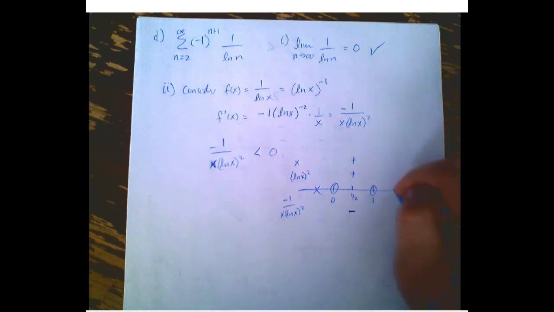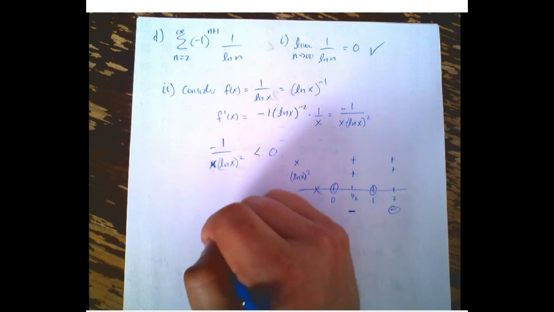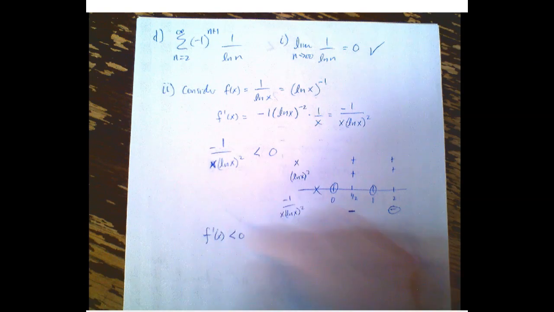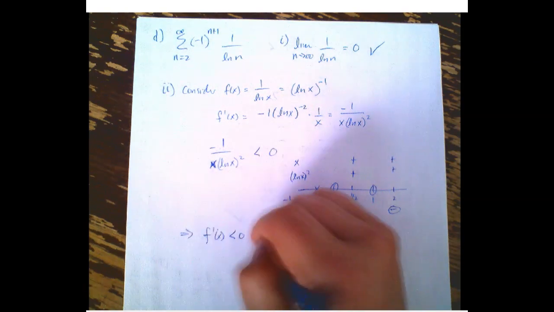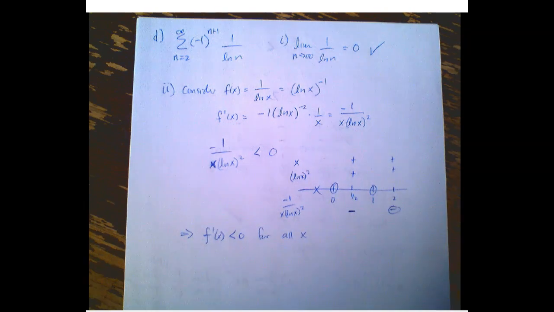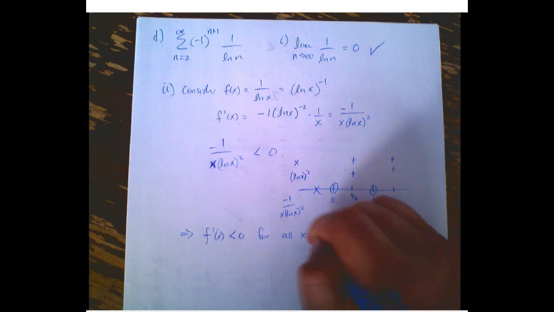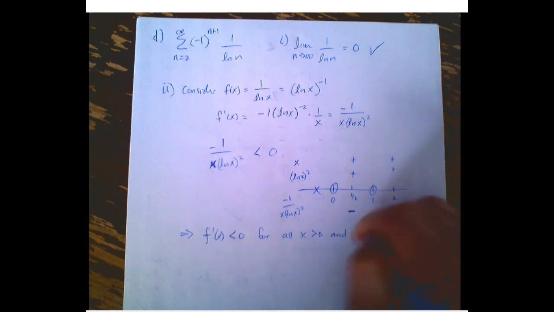And then you can see if we put in something like 2, we get a positive and a positive, so this gives us a negative as well. So f prime is less than 0 for all x greater than 0.